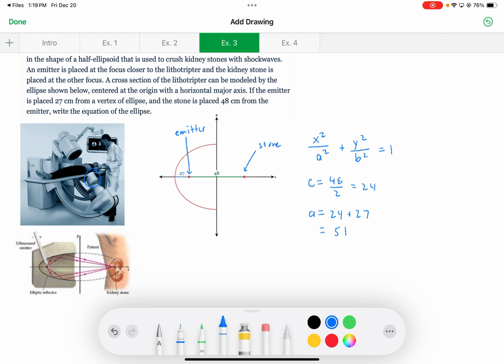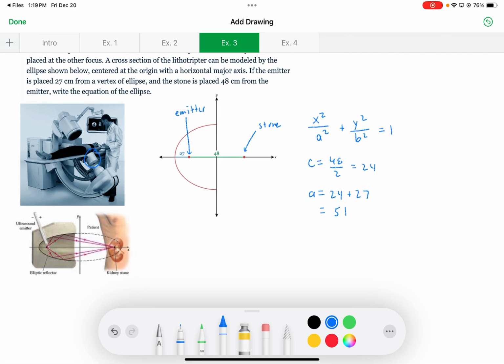Okay. Now, ultimately, all we're being asked here is to write the equation of the associated ellipse. So the only other thing we need to make the equation is the b value, or the b squared value. So we pull out our Pythagorean theorem. b squared equals a squared minus c squared for an ellipse. So that's 51 squared minus 24 squared.